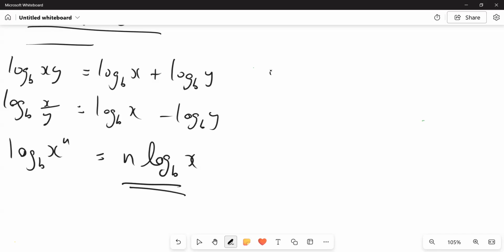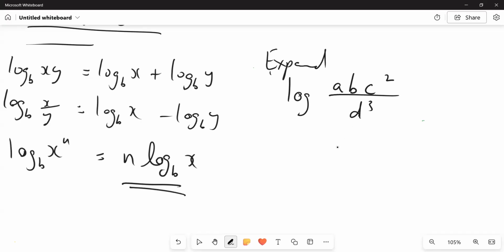Like, okay, you want to expand the logarithm, and I'm not going to stipulate a base, right? We're assuming the base is some number. A, B, C squared over D cubed. Want to expand that, right?